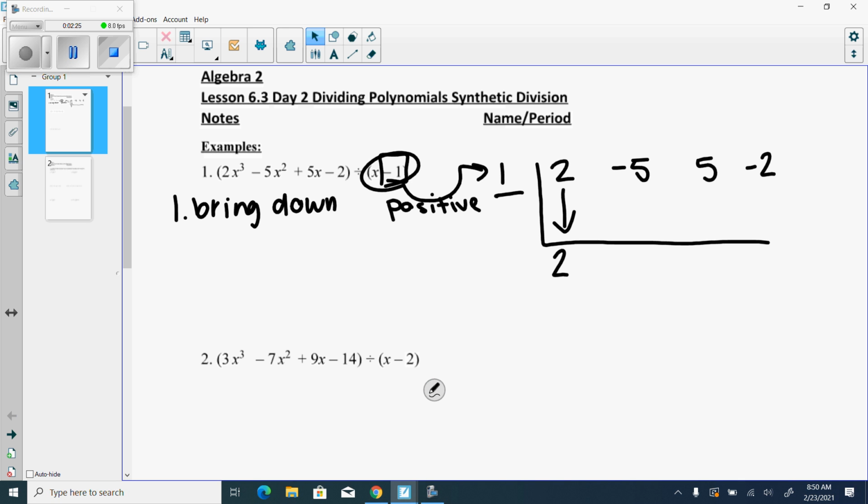Okay. Our step 2 is going to be to multiply. We're going to multiply the number down here by the number on the outside. So for us, that would be 2 times 1, which is just 2. And that's what I'm going to put in my next spot.